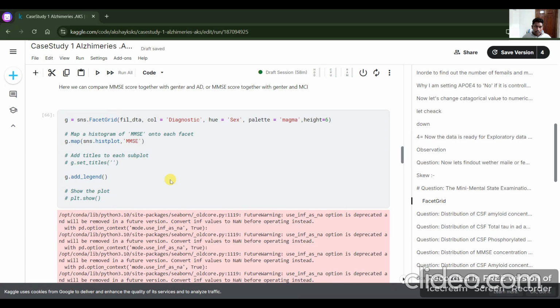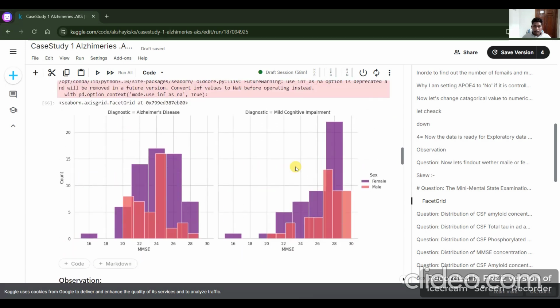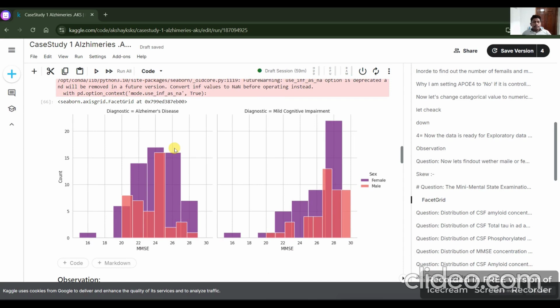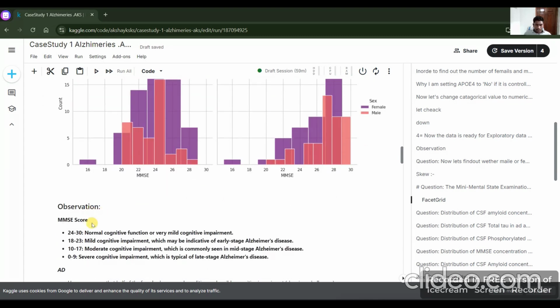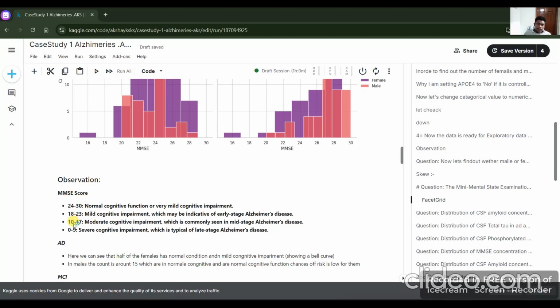You can see facet grid MMSE and we can see this facet grid graph, female, male color. Here, female is more diagnosed with Alzheimer's disease, and the diagnosis MCI count for female is more, observation we can find.